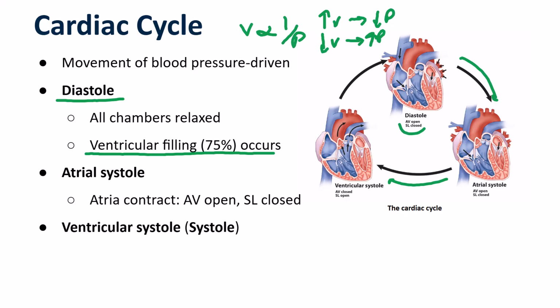Following atrial systole, we have ventricular systole. There are two parts to this, but basically the ventricles, which are maximally full of blood, contract and eject that blood out into the ascending aorta and pulmonary trunks. We follow this up with diastole, rinse and repeat. So we're in this constant cycle of diastole and systole.